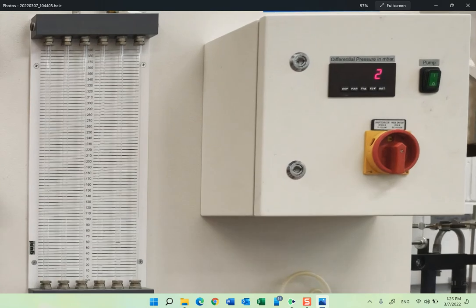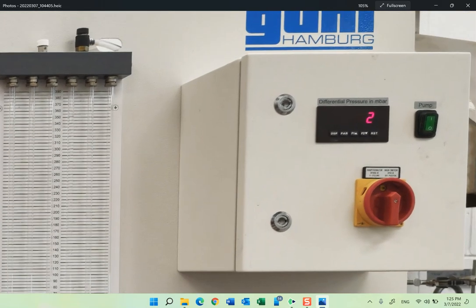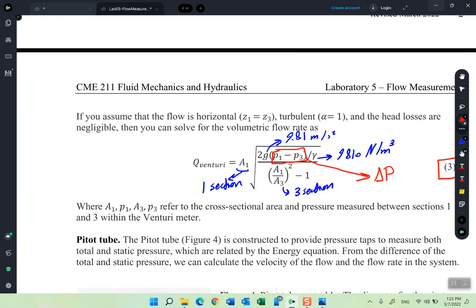After doing that, you will see that there is a device that measures the differential pressure. You will see the differential pressure on this screen in units of millibar. So this is how we will get the pressure difference, P1 minus P3. Once you get P1 minus P3, you can just substitute in the equation and you can get the discharge very easily.